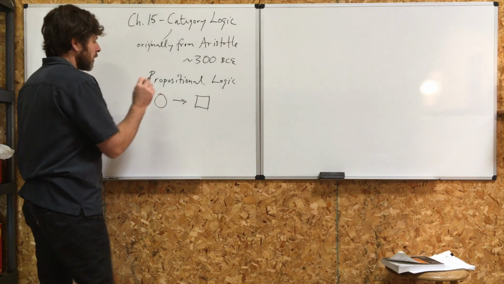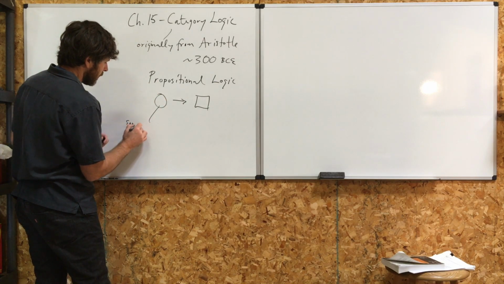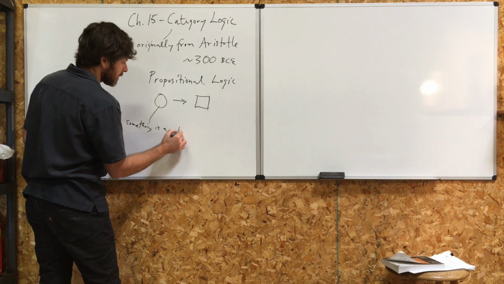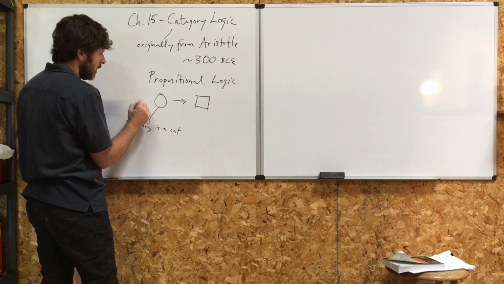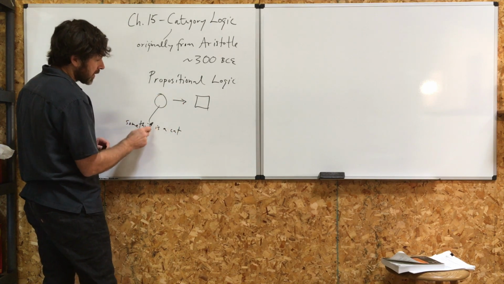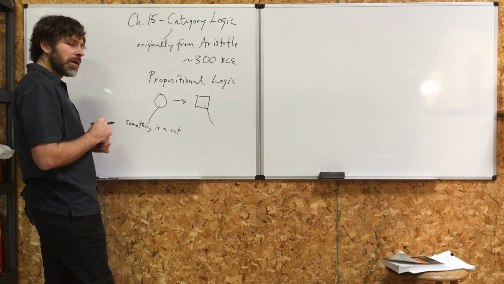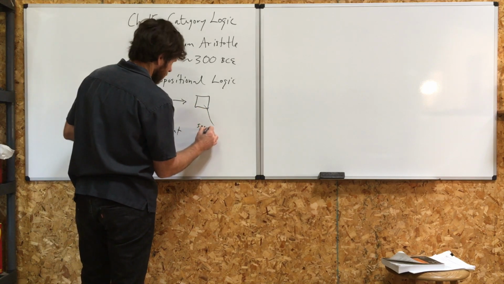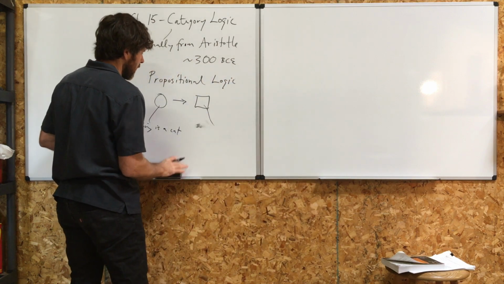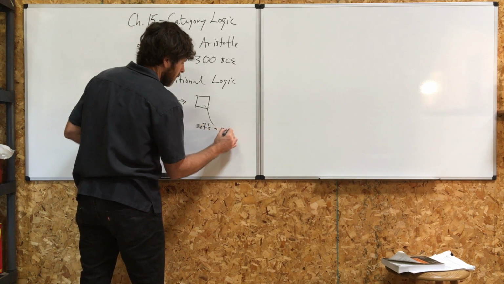What goes in for circle here is something is a cat. The arrow stands for if, then. What fills in for square here is it's a mammal.